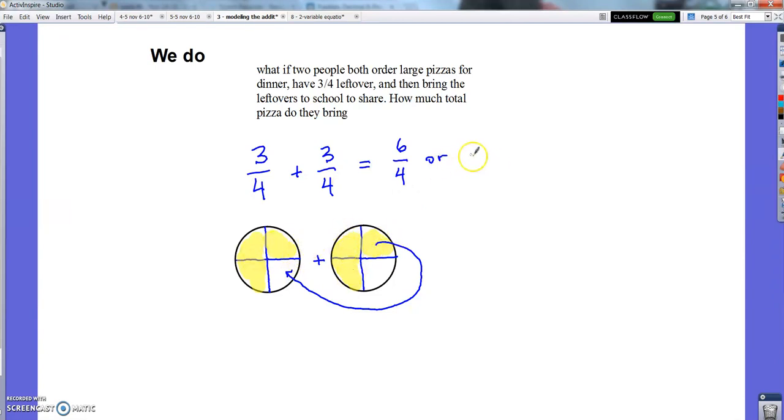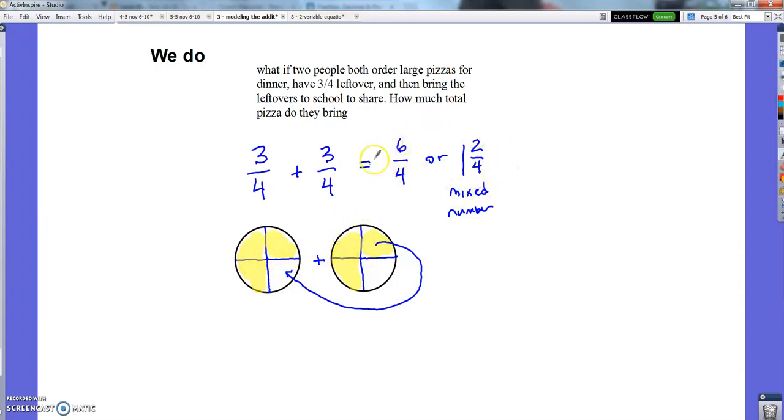Another way you could write that is 1 and 2/4. So this, if we write it like this, is called a mixed number. It is 1 whole and another 2/4, because I could rearrange this so I had that fourth over here, and there's 1 whole pizza and 2/4 left.